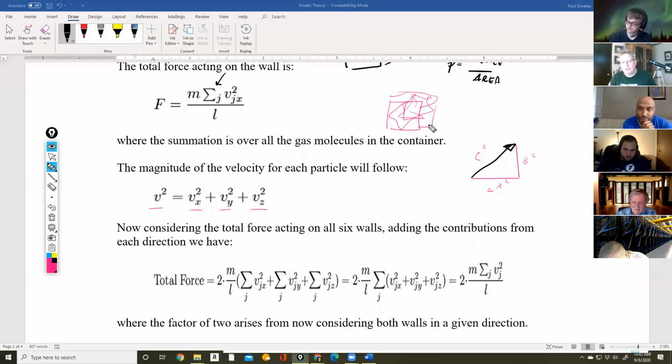So the total velocity squared is the x component plus the y component plus the z component, each squared, very much like the zonal components. The total force, we already said, was the mass over the length in this direction, so they're doing the mass over the length in the summing of the velocities, which is really nothing more than the summing of the actual velocity of each molecule.